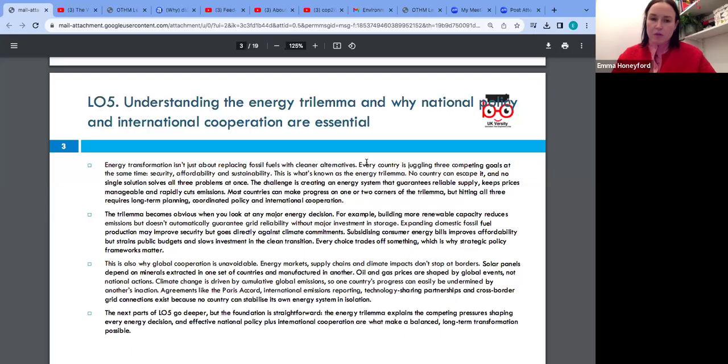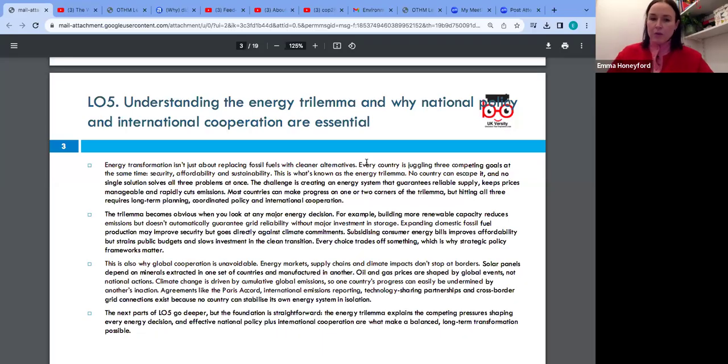The trilemma becomes obvious when you look at any major energy decision. So, for example, when we build more renewable energy capacity, it will reduce emissions, but it doesn't automatically guarantee grid reliability. We know there are problems we discussed at one of the previous sessions around intermittent energy, especially when it comes to renewable energy.